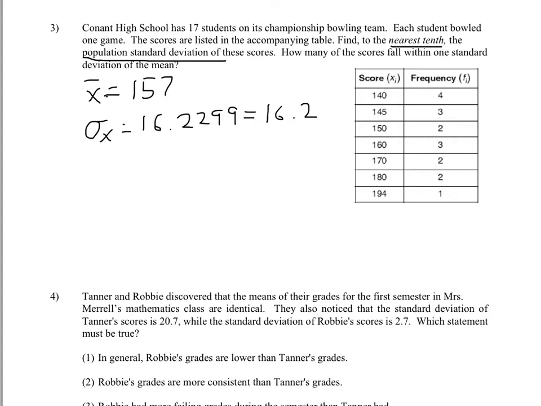So, similar to the last question, how many of the scores fall within one standard deviation of the mean? What I would have to do is subtract my standard deviation from my mean to find out how many fall below, and add my standard deviation to my mean to find one standard deviation above. So when I do this, I found below, 157 minus 16.2.